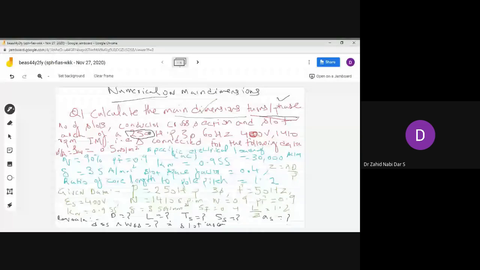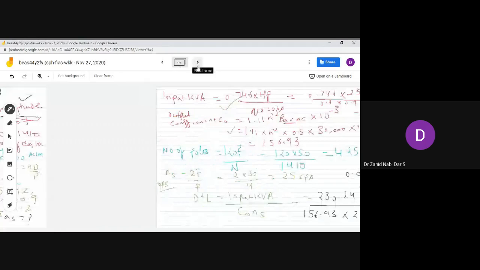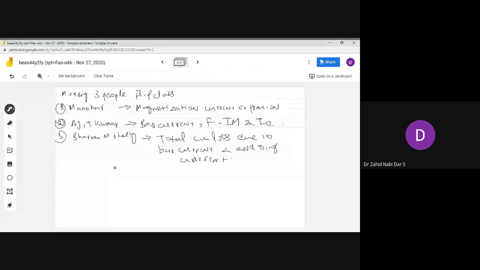So we have to take a double layer winding, and its circumference divided by stator slots is equal to stator slot pitch, YSS.